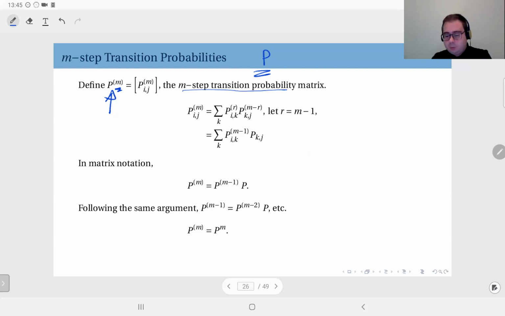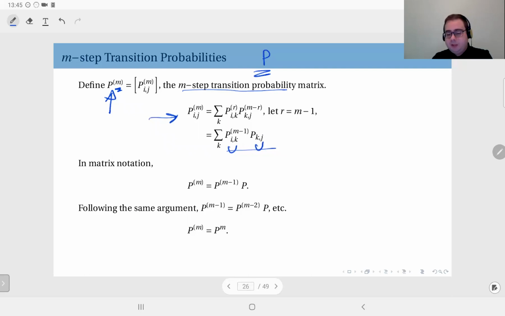Okay, so we have derived this as the Chapman-Kolmogorov equation, and if you just plug in m minus 1 instead of r, what you have is this. This is the sum over all possible k values of transition probabilities from i to k in m minus 1 steps, and in the final step, you make a transition from k to j.